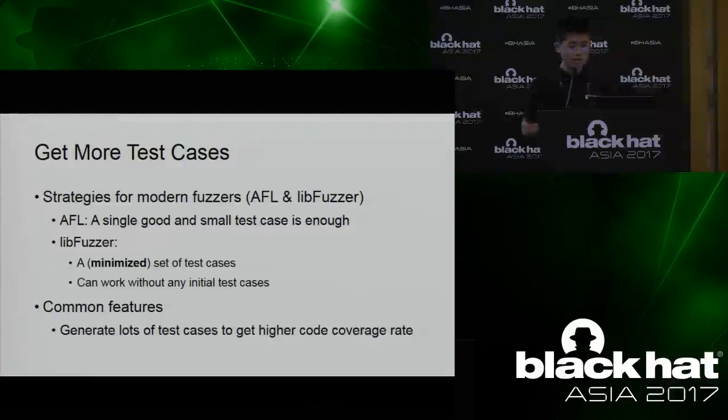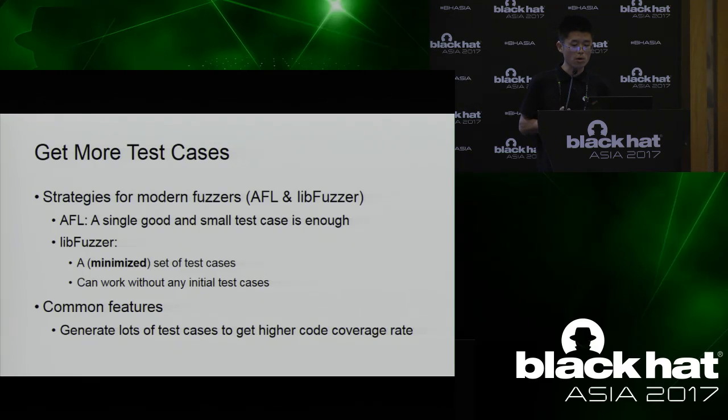So firstly, let's talk about the strategies for modern fuzzers, such as AFL and libFuzzer. For AFL, a single and small test case is enough, and for libFuzzer, a minimized set of test cases is acceptable. But libFuzzer could still work even without any initial test cases.